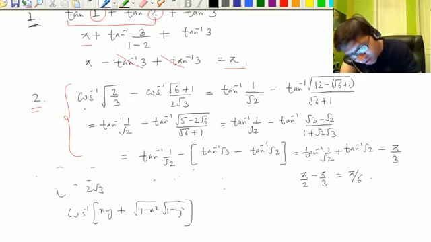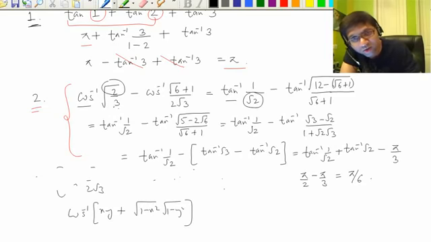We convert cos inverse to tan inverse form because it is base over hypotenuse, root 2 by root 3. Root 2 is base and root 3 is hypotenuse. And when we say tan inverse, it is perpendicular over base, so this base comes in the denominator, and for perpendicular, root of hypotenuse square minus base square, this is what we did, root of root 3 squared minus root 2 squared, 1 came. Same we have done here, right? Base taken from here, right?